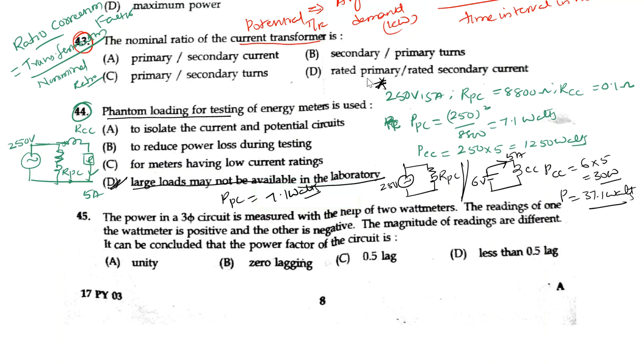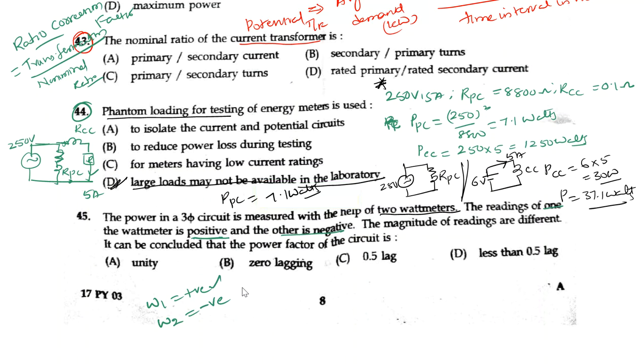Next question, 45th question here. The power in a three-phase circuit is measured with the help of the two wattmeter method. The reading of one of the wattmeters is positive, so the W1 value is going to be positive, and another one is negative, so W2 is reading a negative value.